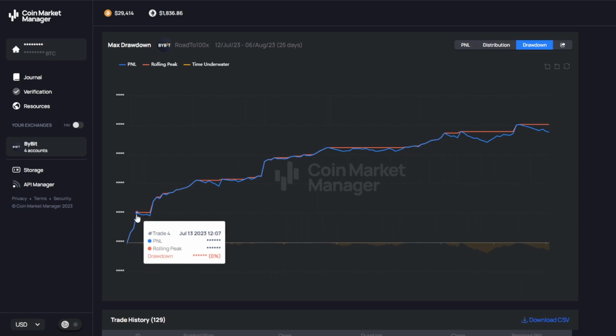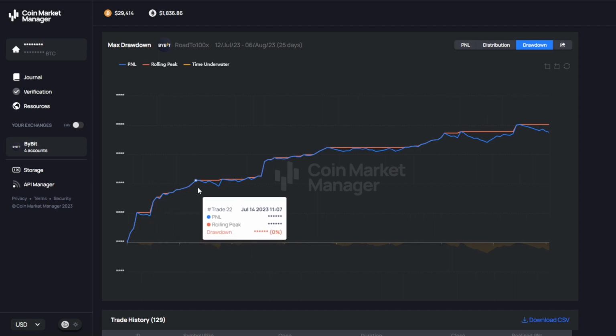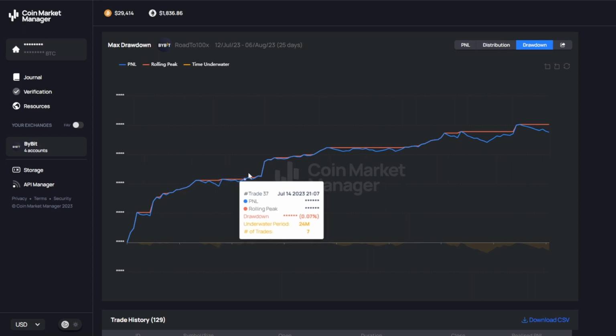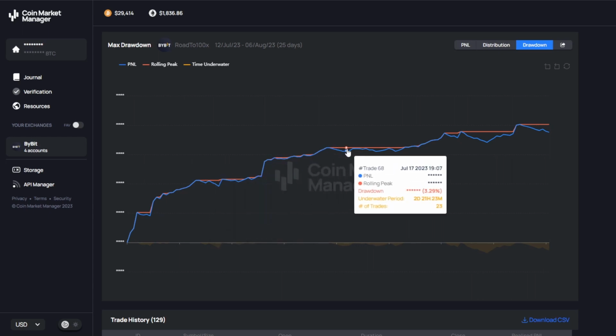So in this case I had a few wins here, and then you can see some losses happened here. So you can see the number of trades and how long I've been underwater compared to my peak balance. And every time you hit a new high, the red line goes with it, or orange, whatever. And you can see how long you've been trading at or around your all-time high account balance.